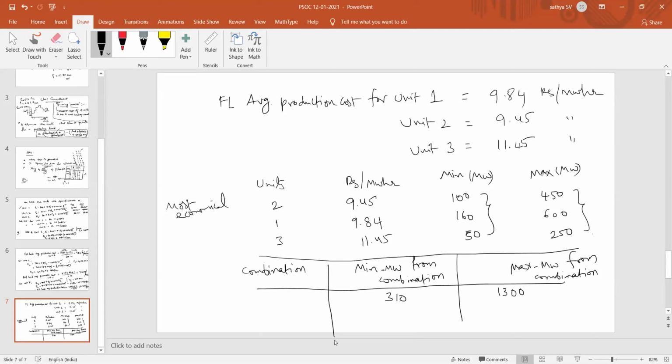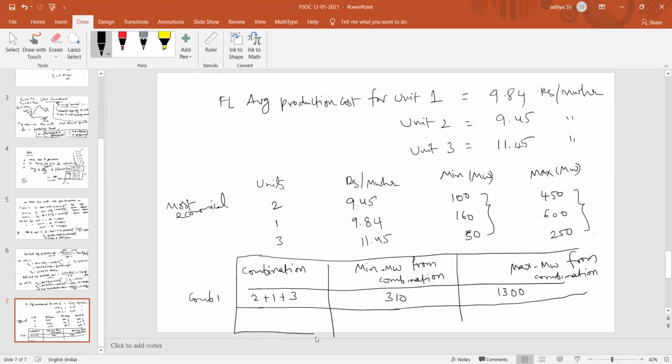All three, right? Which unit do we turn on first out of all three? The second one, sir. Right, so unit 2, later added with unit 1, and later you turn on unit number 3. This is combination 1.